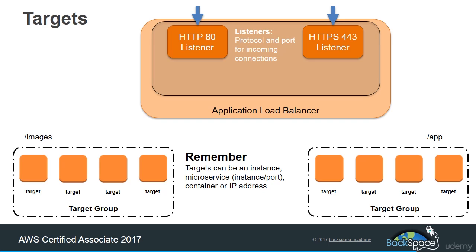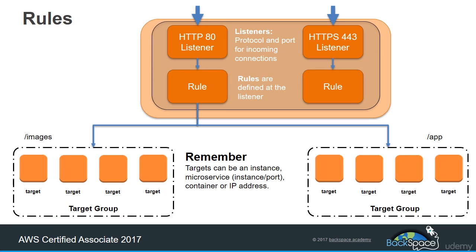It can be an instance, a microservice, a combination of an instance and port, a container, or one of those private IP addresses that you can forward requests to. So we would set up a target group with targets inside of it, and then we would register that with our application load balancer according to that path. So if we have our path here for images, that would be registered with that target group. So anything that's coming in for images will get forwarded on to that target group.